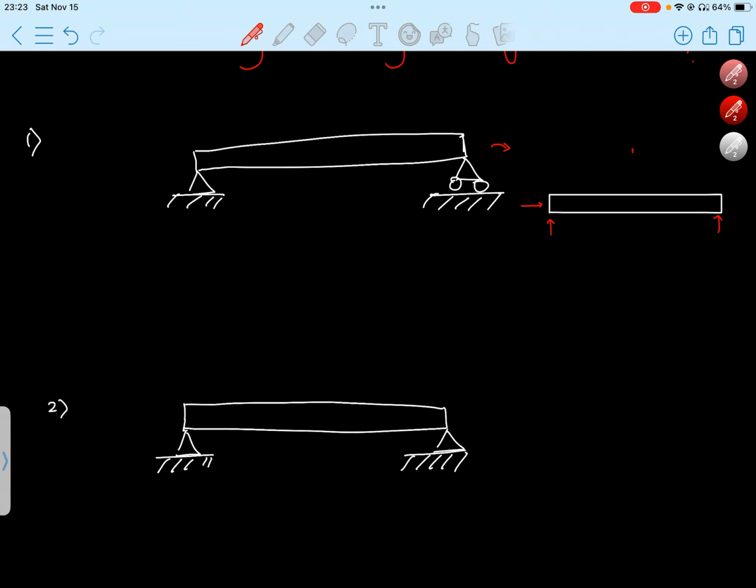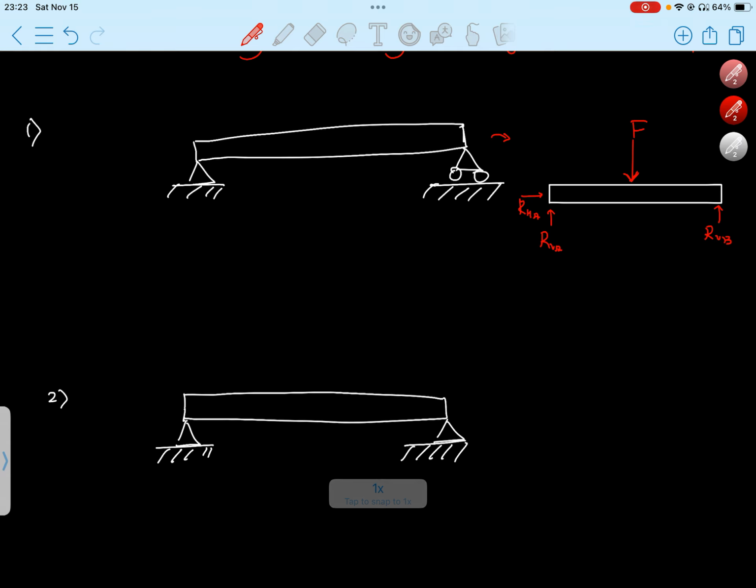Alright, this is my purely vertical force F. Now suppose this F is pushing down on this beam.